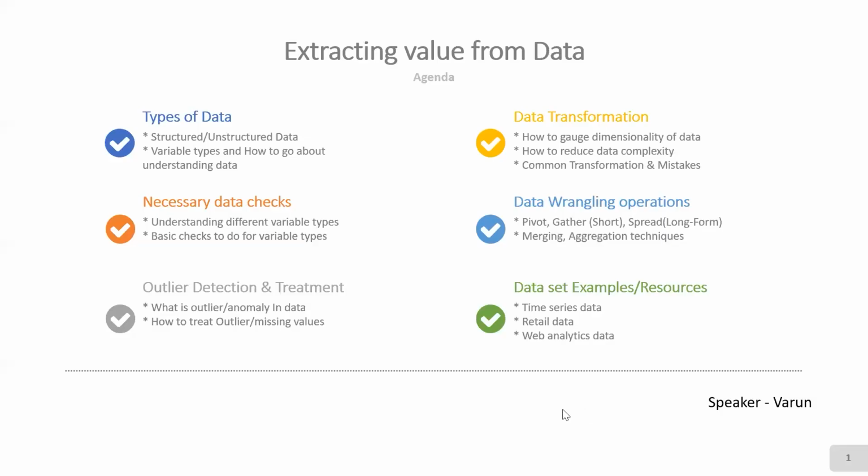In this Data Hour, we cover topics like types of data, structured and unstructured data, basic data checks, variable types, skewness, variance, null values, outlier detection and its treatment, data transformation, redundant variables, reducing data complexity, data set examples across different industries and their use cases, data wrangling concepts, etc. I hope you are all excited to attend this Data Hour with us.